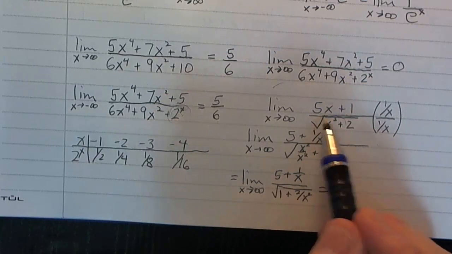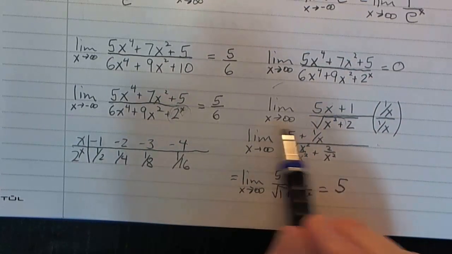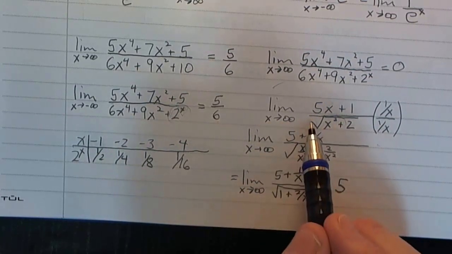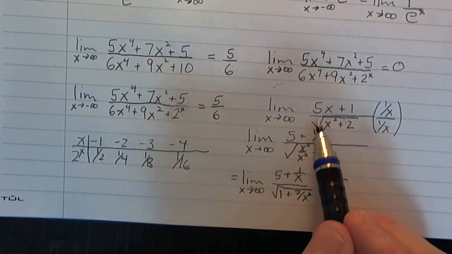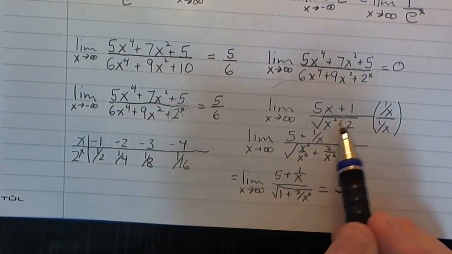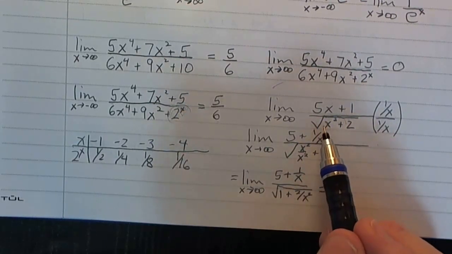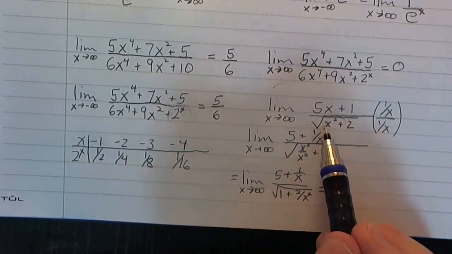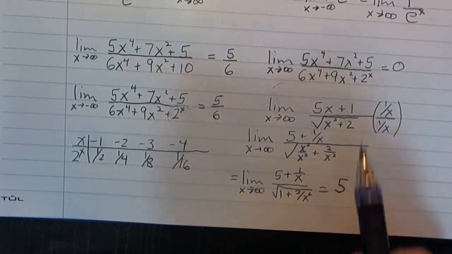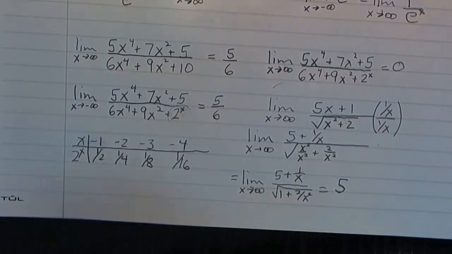Since x is going to positive infinity, this is getting closer and closer to the square root of x squared, because the 2 is mattering less and less. So the square root of x squared is x, since x is guaranteed positive. You have 5x over x. Ratio of leading coefficients is just 5. That's the way you could do it.